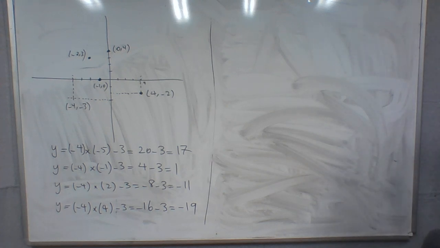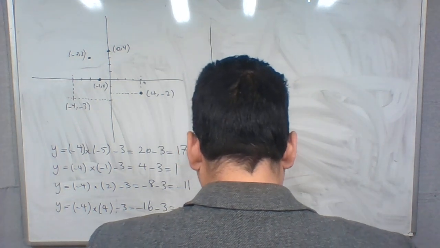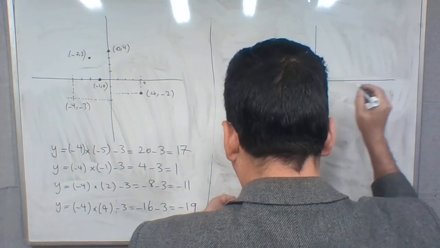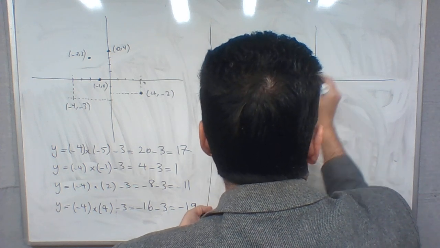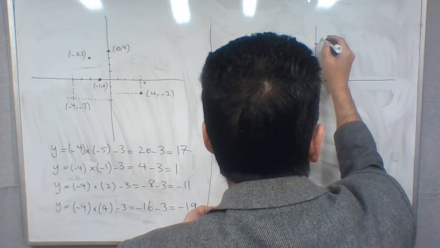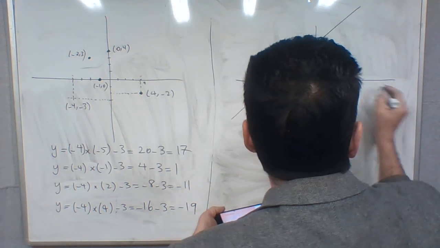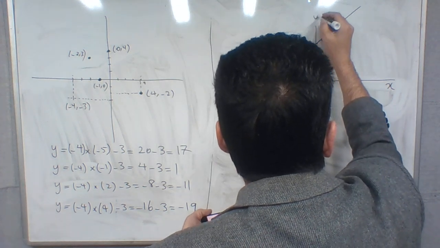Let's draw the graph first. Negative 4 and 4. Okay, this is the x coordinate and this is the y coordinate.